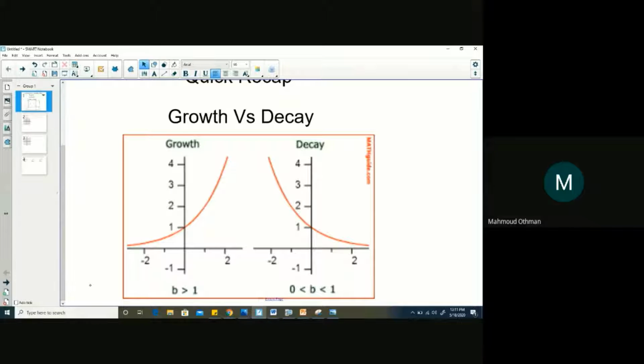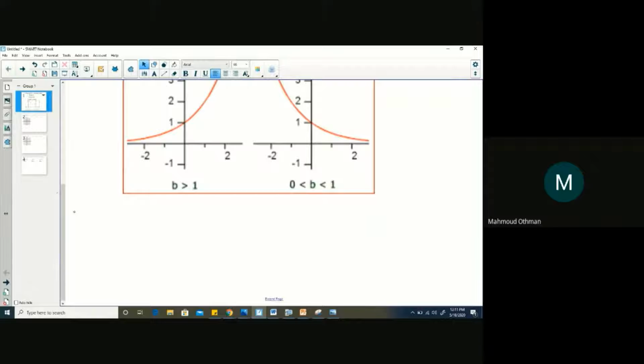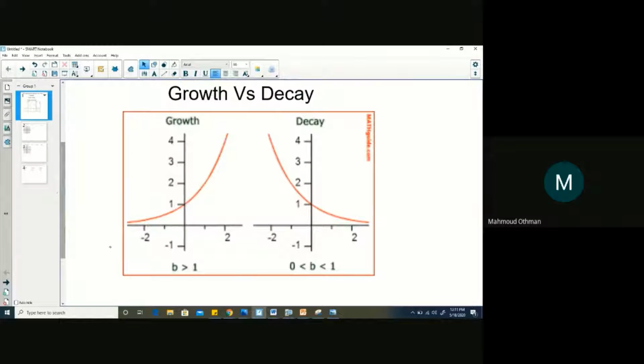Remember, exponential growth functions and exponential decay functions, or exponential functions in general, are functions in the form of y equals a times b to the x. So for growth, b is going to be greater than 1, and they have, like I said, this increasing curve where the curve gets big kind of quick.